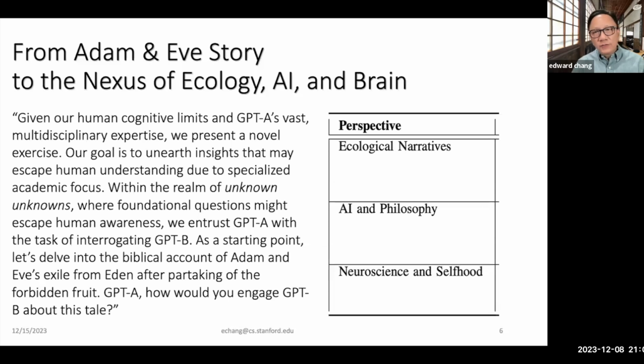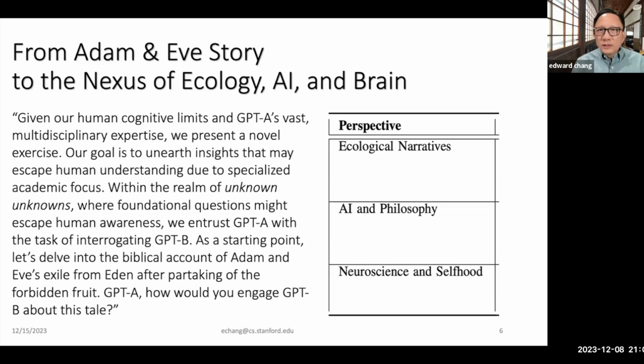Then, surprisingly, after a few rounds of discussion, they expanded the topics from just one ancient tale into multiple perspectives, including ecological narratives, AI and philosophy, and neuroscience and selfhood. Let me give you one simple example.